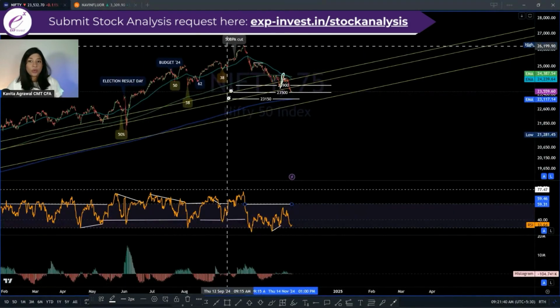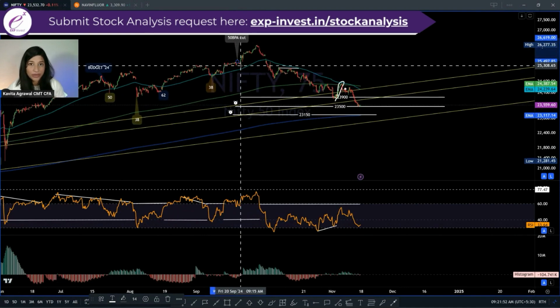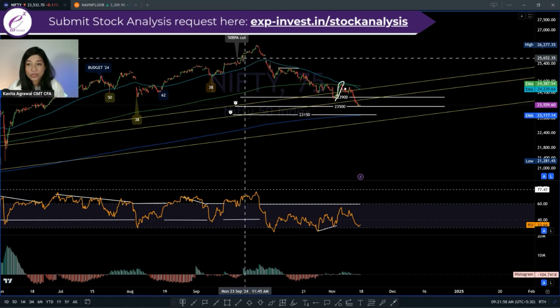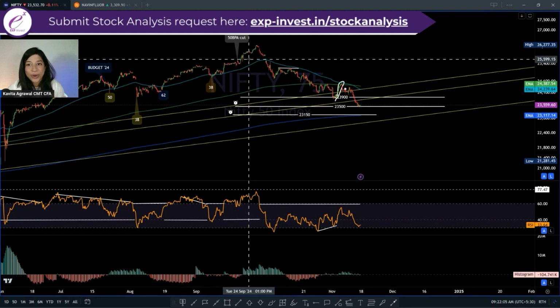And this is also one reason why I say that when it comes to macroeconomic information, you don't want to give it a lot of weightage, because here a 50 basis point cut was announced, but soon after that, the market actually went into correction. I would say this entire rally that we saw after the 50 bps cut was actually a euphoria rally. This rally should not have happened.